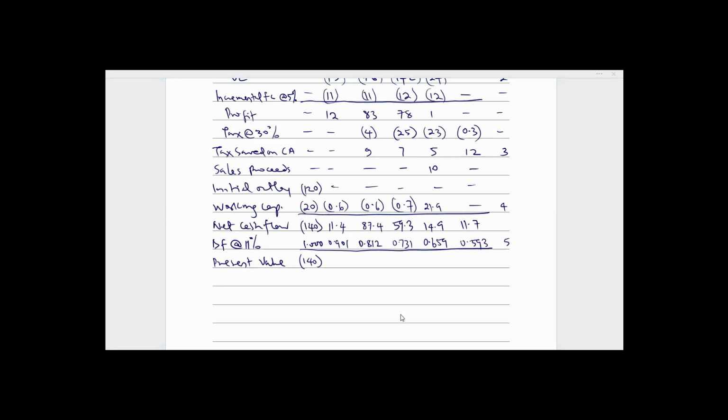Year 5 is 11.1, that's 11 rounding. Year 1 is 10, approximately 10.7.